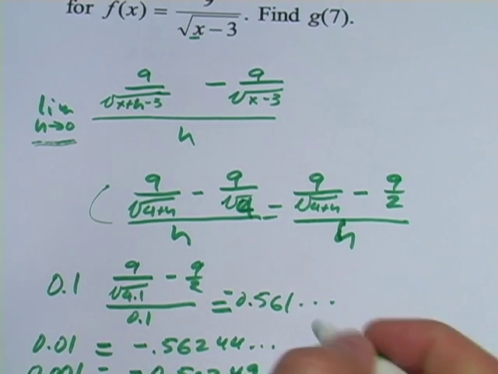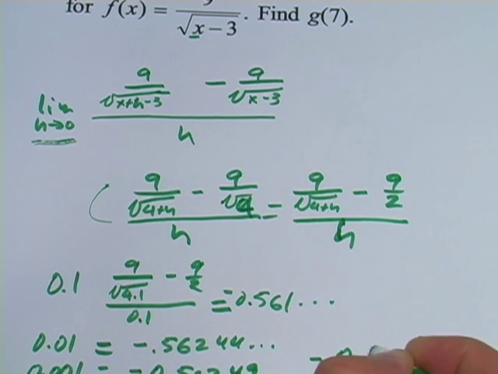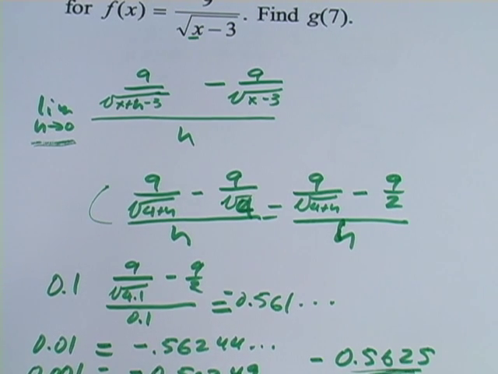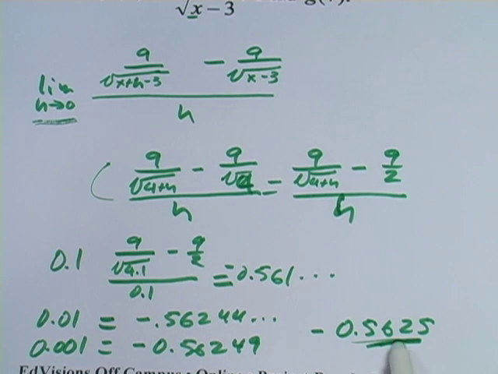If you go further, one more step, you get something that's very, very close to negative 0.5625. And if you kept going, you'd find that you just get closer and closer to this particular value, and probably your calculator won't get you any closer than this. So this is the value we say that it's converging toward, and so this is the answer to this limit.